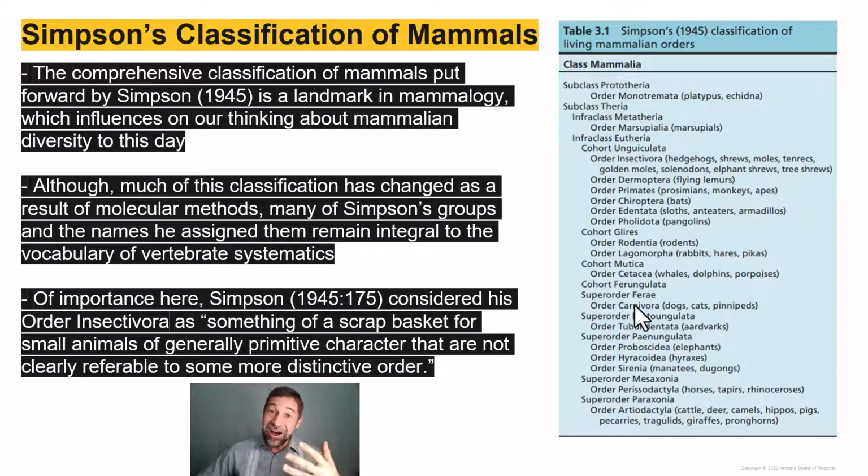So he realized at the time that some of his orders, like the order Insectivora here, were, and I quote, something of a scrap basket for small animals of a generally primitive character that are not clearly referable to some more distinctive order. So, in short, he's going to lump the hedgehogs, the shrews, the tenrecs, the golden moles. He's going to put them all in this catch-all order that he calls the Insectivora.